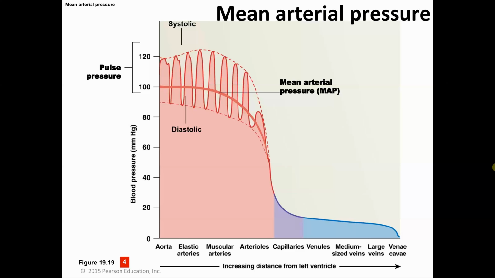So that top number of blood pressure is when your heart's contracting, what's the blood pressure? When it's relaxing, what's the blood pressure? And then you can use those to calculate the mean arterial pressure.